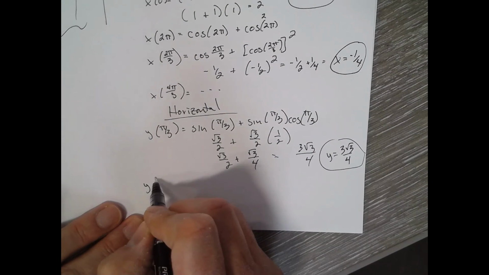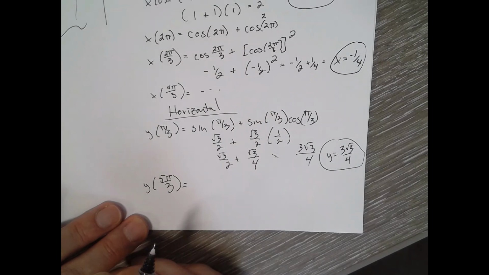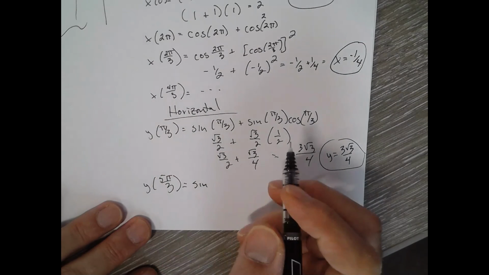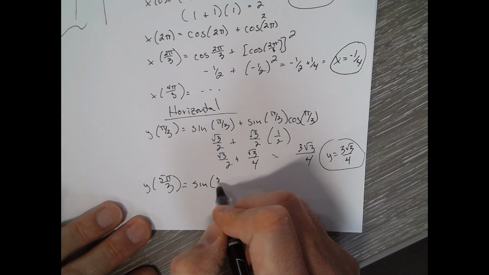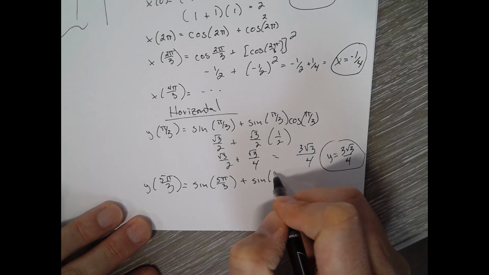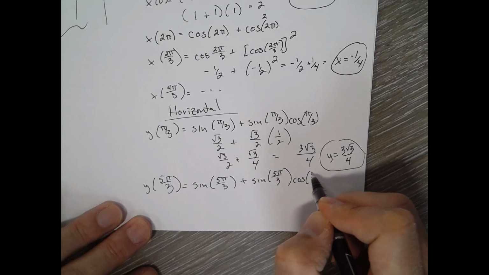My goodness. Y of 5 pi over 3 is the sine of 5 pi over 3 plus the sine of 5 pi over 3 cosine of 5 pi over 3.